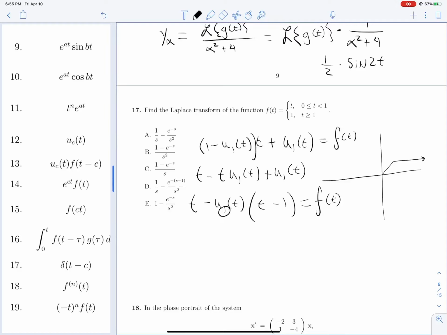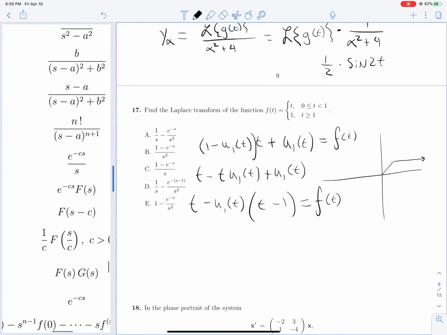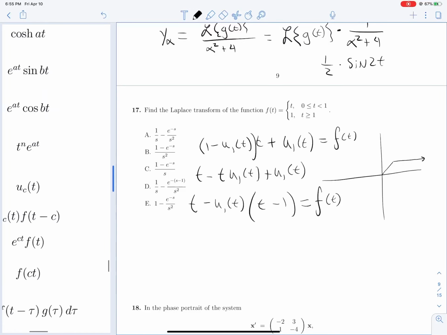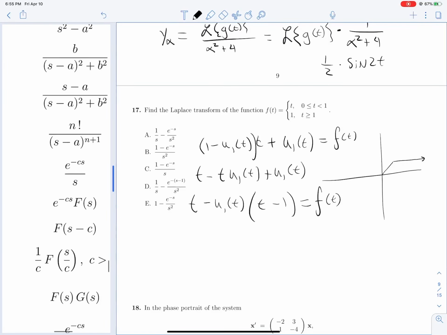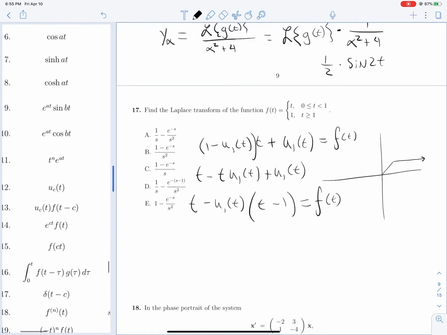We have u of c where c is 1, and then we're subtracting 1 from all of our t's. That this, when we apply the Laplace transform, is just e to the negative cs, where c is that original constant, u of c, multiplied by the Laplace transform of the function f.